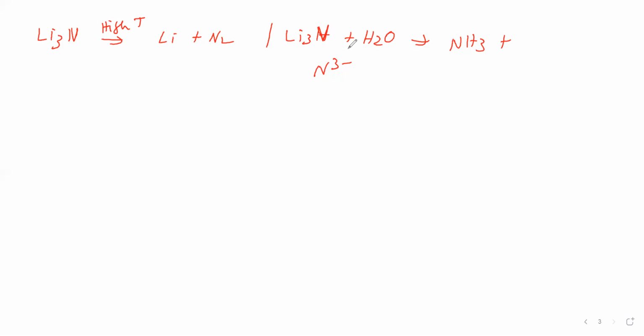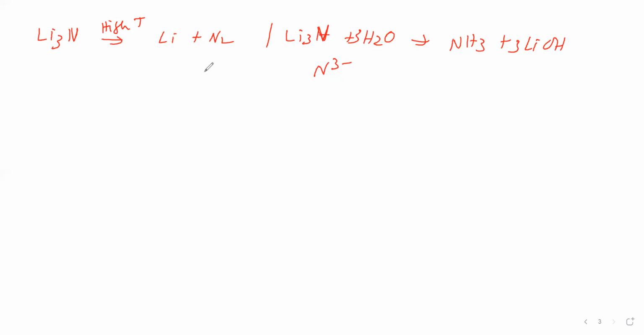Lithium takes the remaining part of water, that is hydroxide, and becomes lithium hydroxide. So we keep 3 here, here also 3. Lithium nitride on hydrolysis gives lithium hydroxide and ammonia. Lithium nitride at high temperature decomposes to give lithium and nitrogen.